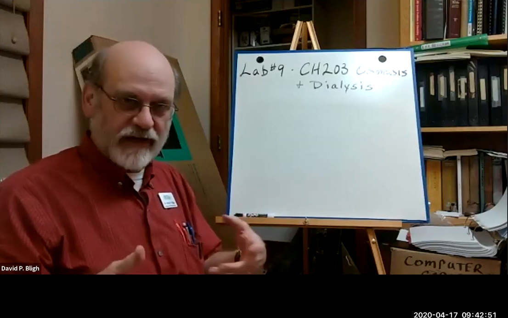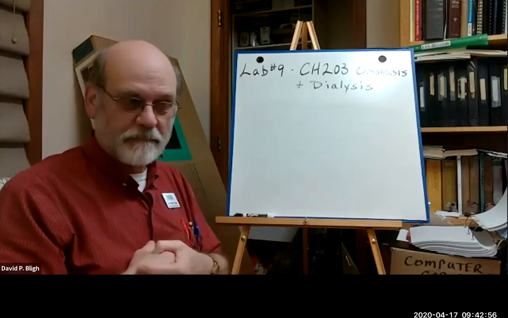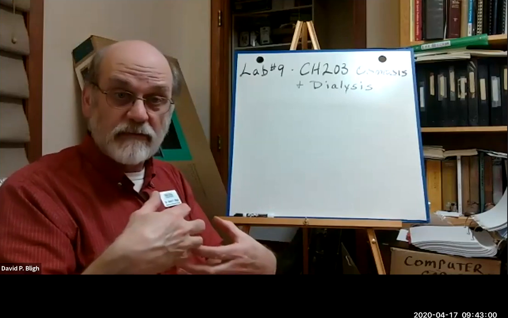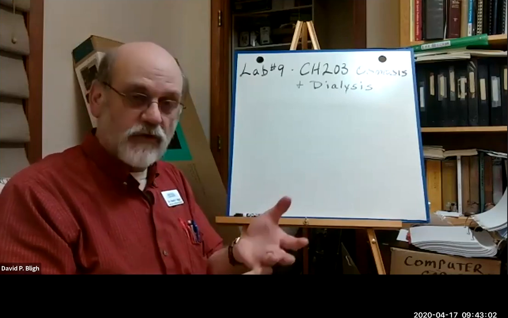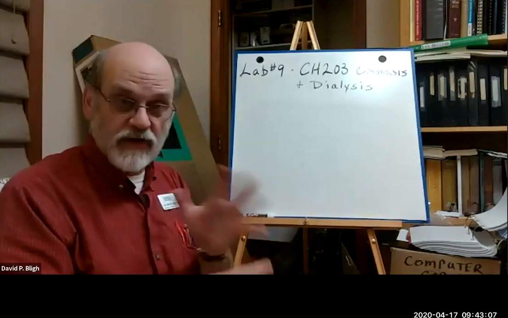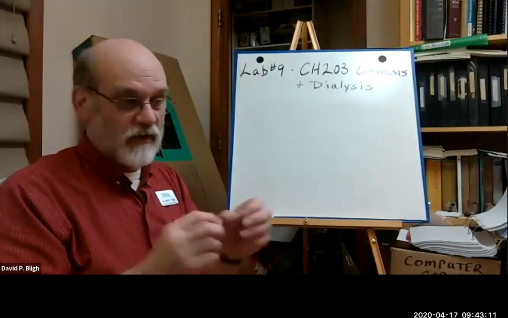So we're going to take a string and just tie off one end, right? And then you're going to fill it up with a solution of glucose and then a solution of starch, right? 2 different size molecules. Glucose molecule is a lot smaller. Starch molecules are huge.